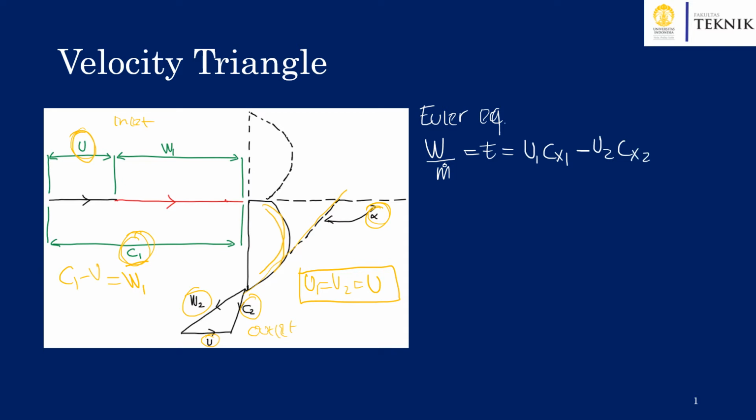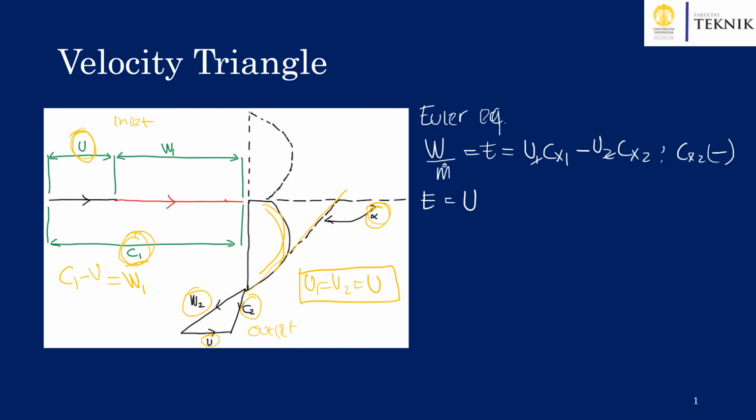Now that we know that U is constant, there's no need to put 1 and 2 here. Another assumption that we have to make is that Cx2 has a negative value in our x direction.